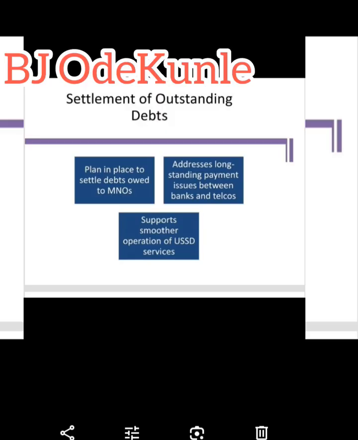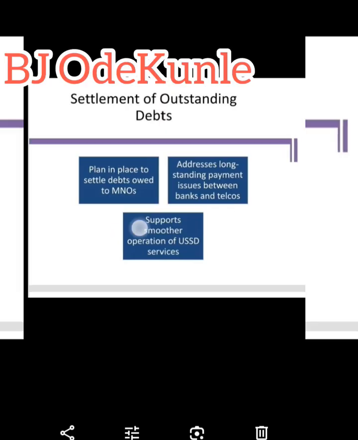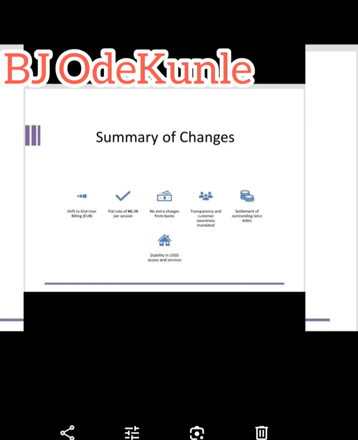Support smooth operations of USSD services. At least now those communication companies can monitor their thing directly by themselves. They will no longer be waiting for banks to pay them or to come and remit. So they will not say the bank owes me. It's now between them and us, we that are using those services, and which is beautiful. I don't think so. So now, summary of changes.